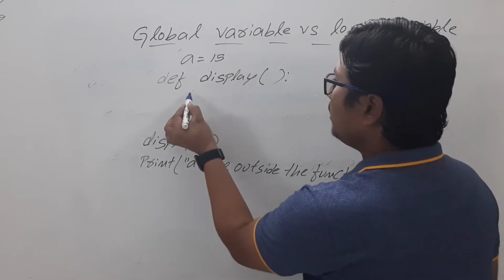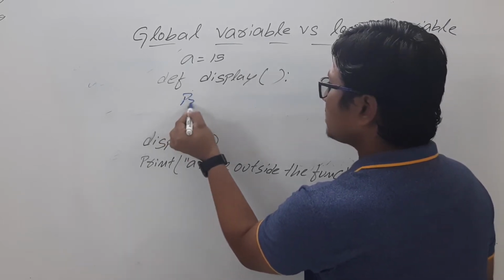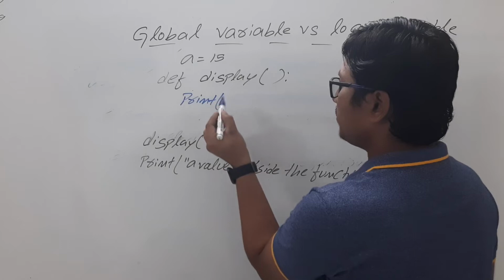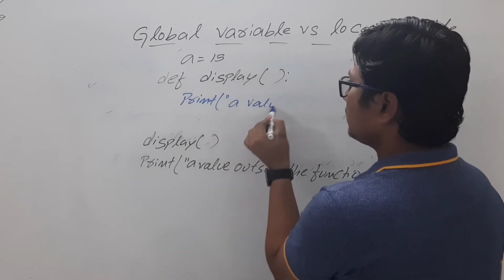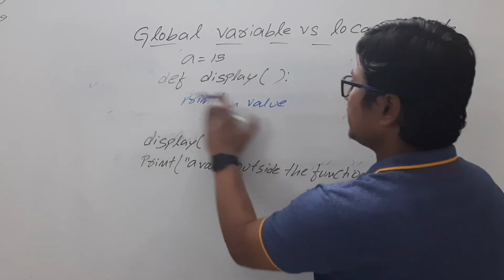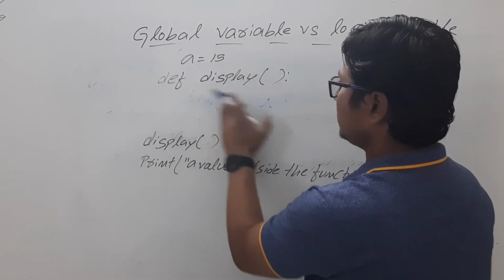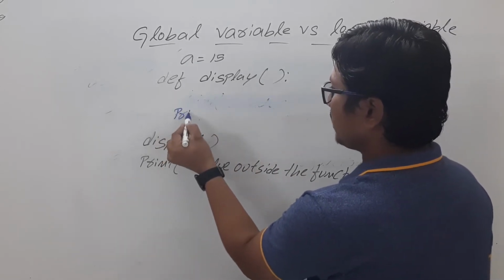Now I want to access the global variable only. So print a value, okay, let me not write from here because I need some space to write another statement.